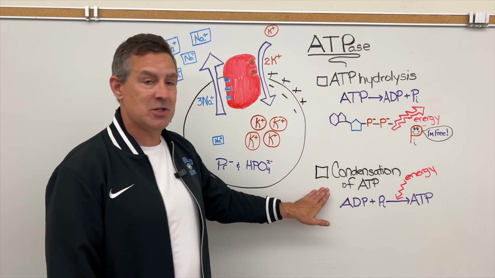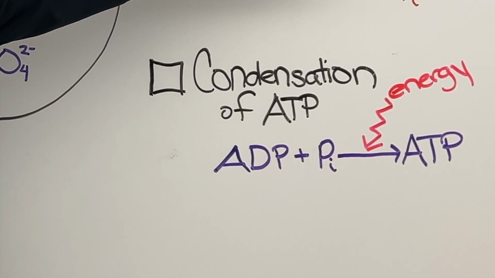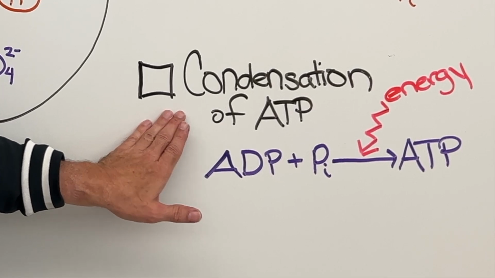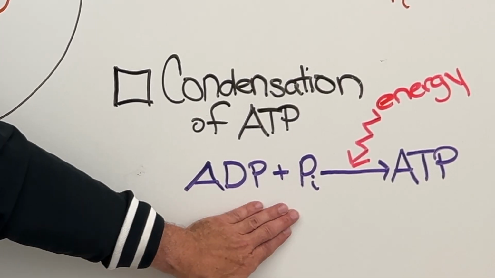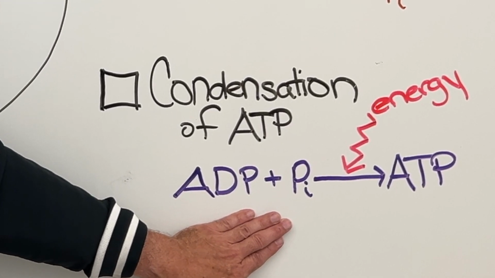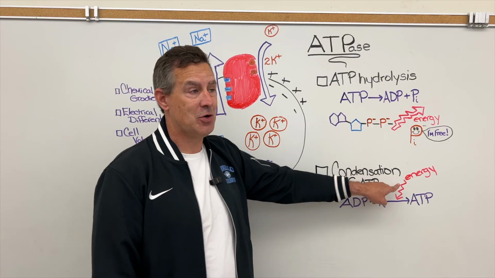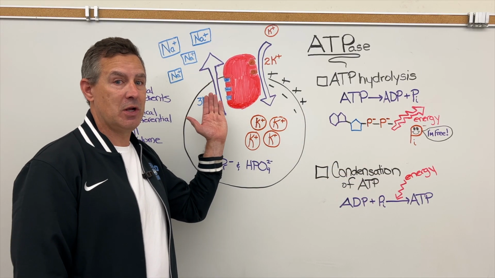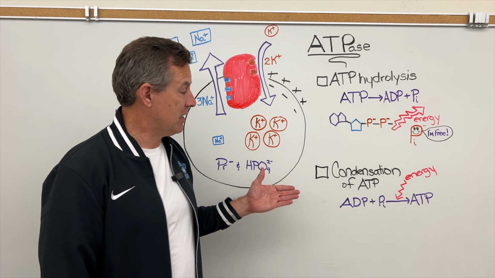And that process is known as condensation. Condensation is the opposite of hydrolysis. Condensation of ATP takes one ADP molecule, coupling it to an inorganic phosphate in the presence of energy, and in this case, this is the kinetic energy created by sodium or potassium moving down their gradients.